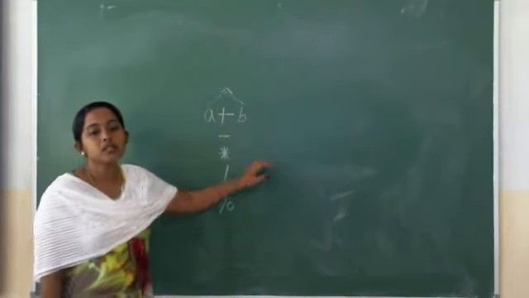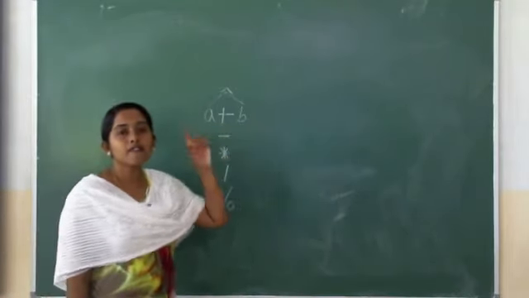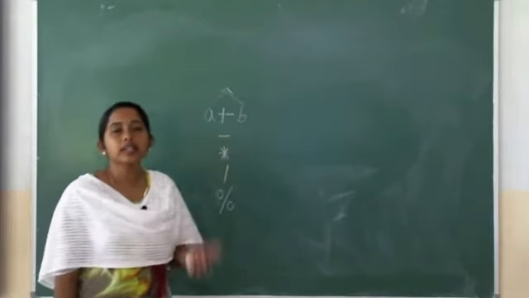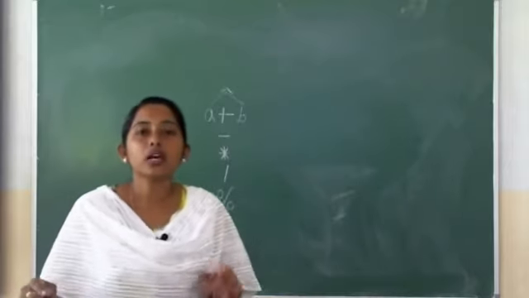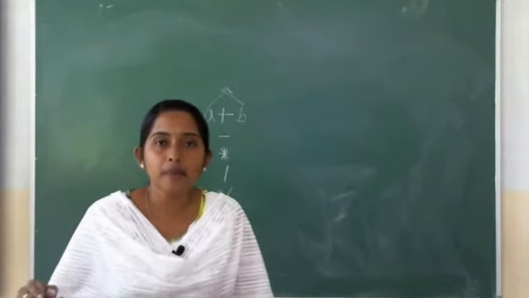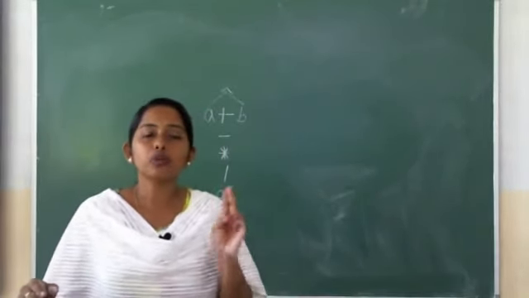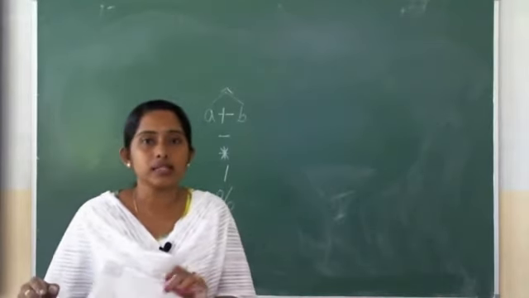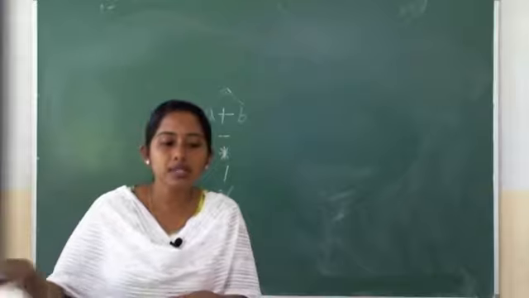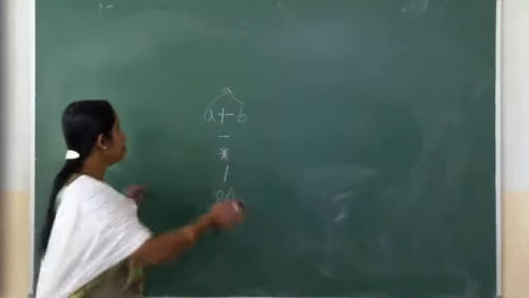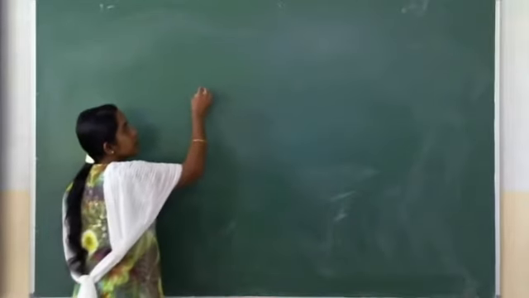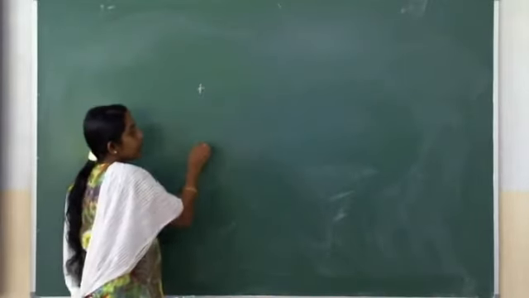Apart from this, if you are using one operand and one operator, that is known as a unary operator. Unary operators are of two types, unary plus and unary minus. Through an example I will show you the unary operators.